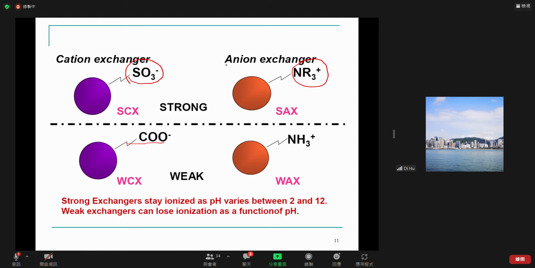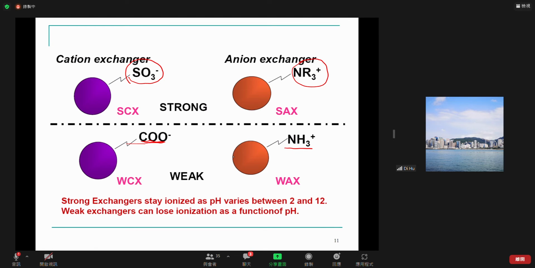And how about the weak ones? Weak anion, weak cation. For weak cation there are several types. Carboxylic acid is one type of weak cation, and phosphoric acid and others as well. For the weak anion, the stationary phase should be positively charged and can be tertiary amine, secondary amine, or primary amine.